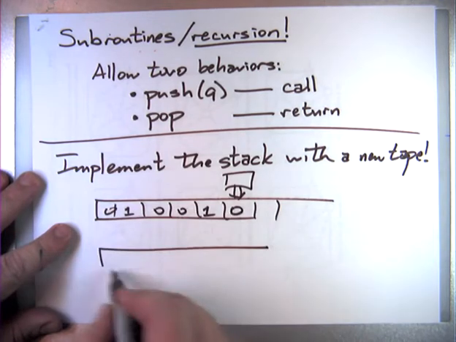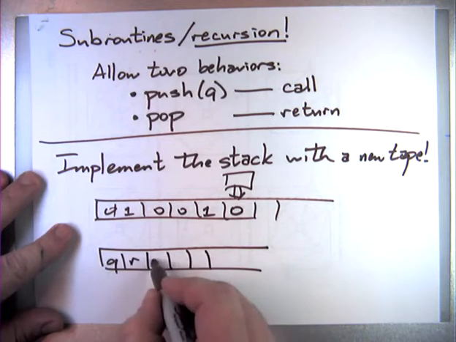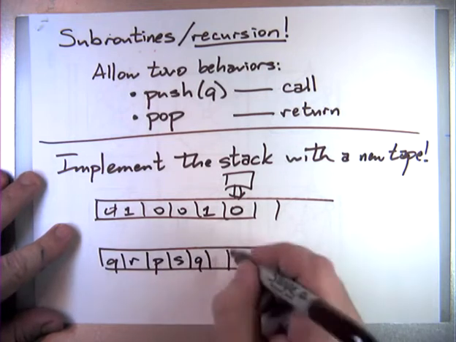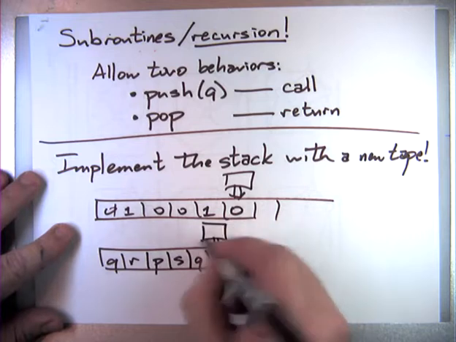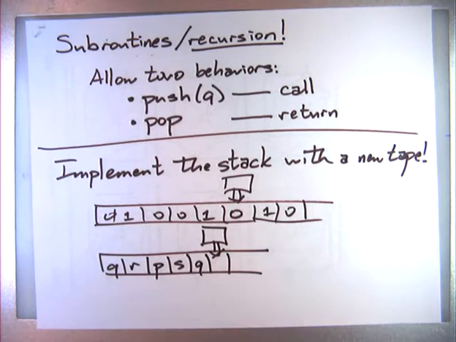And then down here, separately, I have my stack tape that, if I'm implementing a stack, basically when I push, I'm going to write a new symbol onto the stack and move the stack head to the right. When I pop, I'll move the stack head to the right and read the symbol that's there and write a blank on top of it.